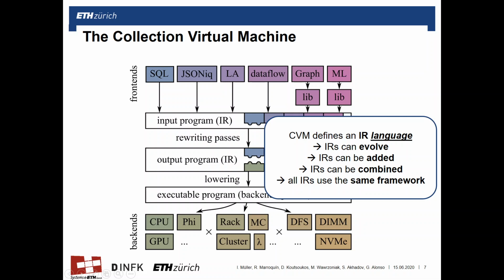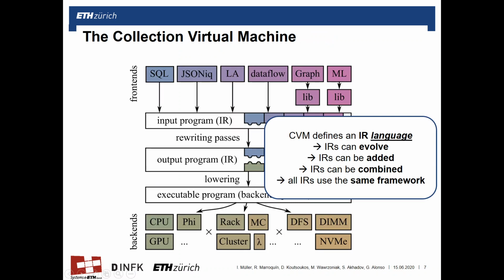And in this IR language, the goal is to make it really easy to define concrete IRs and hence to evolve them, to add new ones, and even to combine different existing ones. And since all of the IRs use the same framework, we can not only reuse the tooling around the IR, but also some of the IRs themselves and the rewriting passes defined based on them.